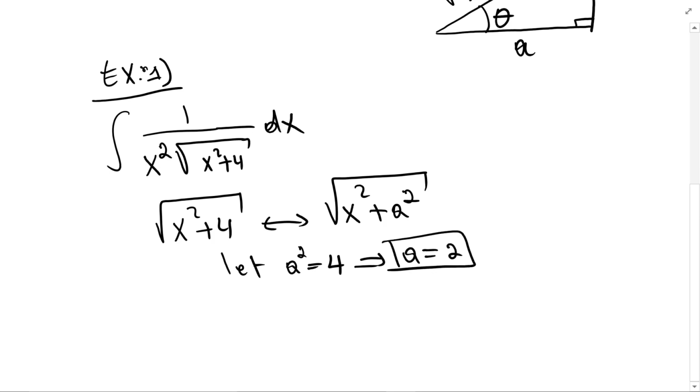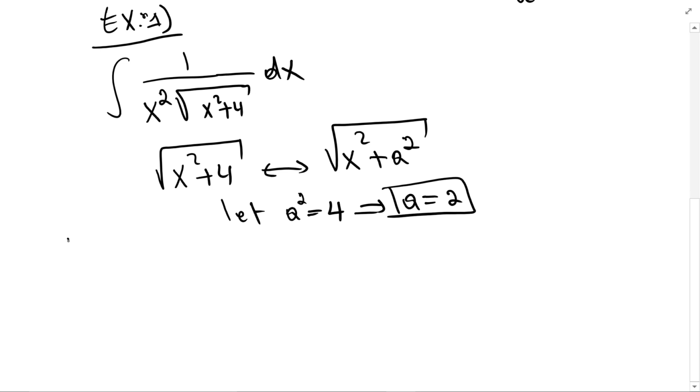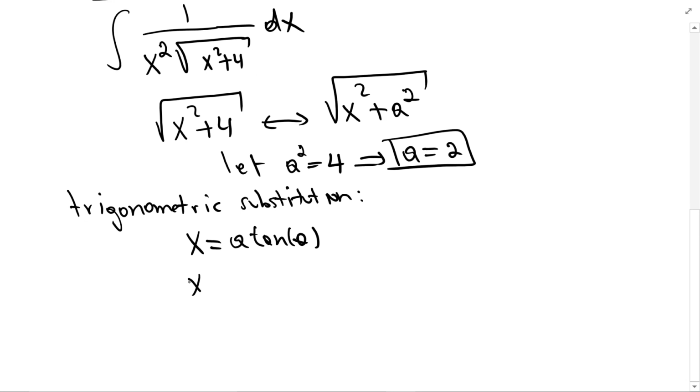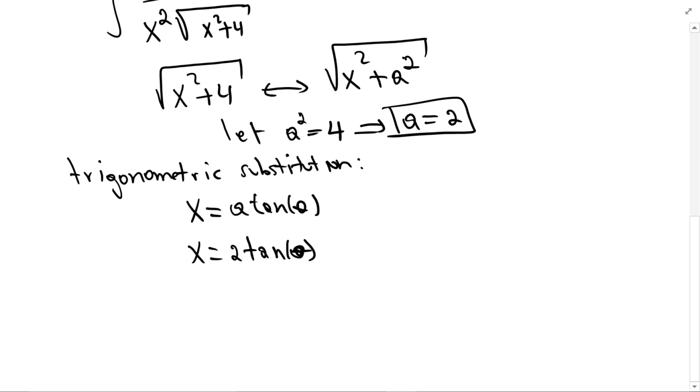So now that we got a to be 2, our trig substitution is going to be x equals a times tangent theta. Since a is 2, it's going to be x equals 2 times tangent theta. Anytime you get x, you should find dx, which is 2 times secant squared theta d theta.